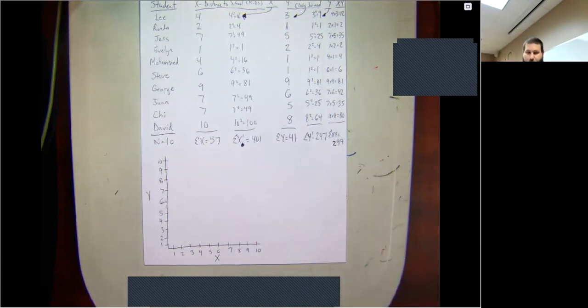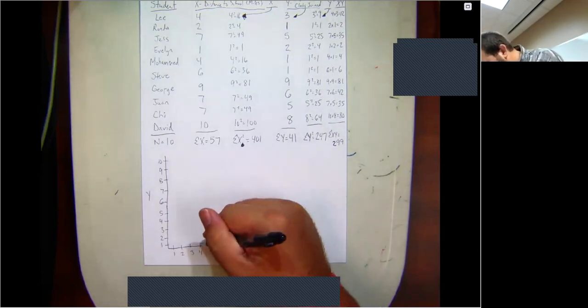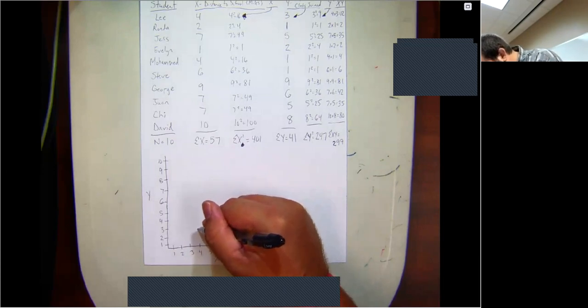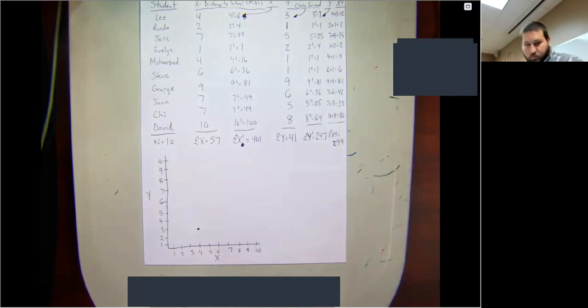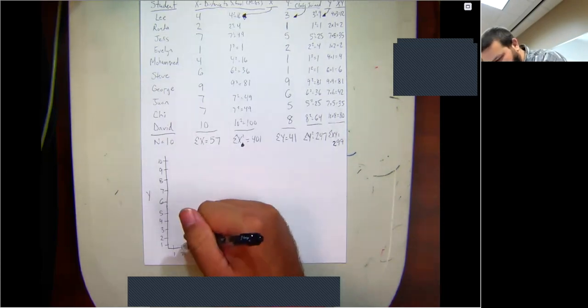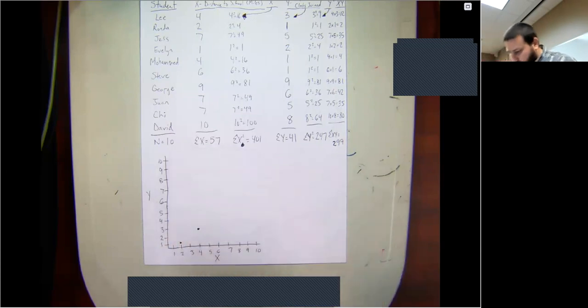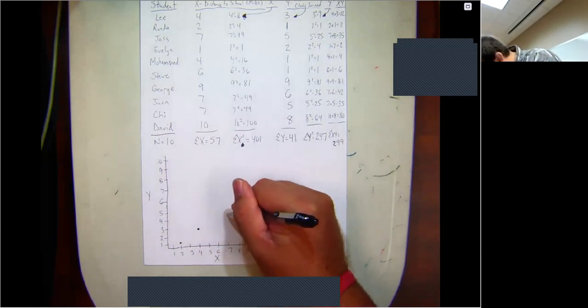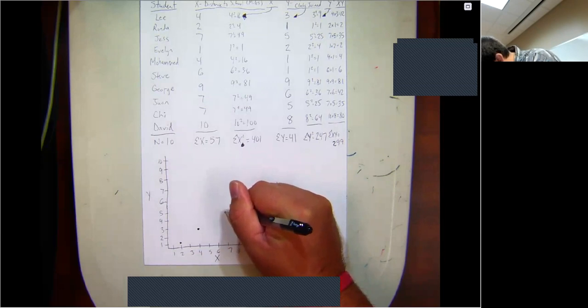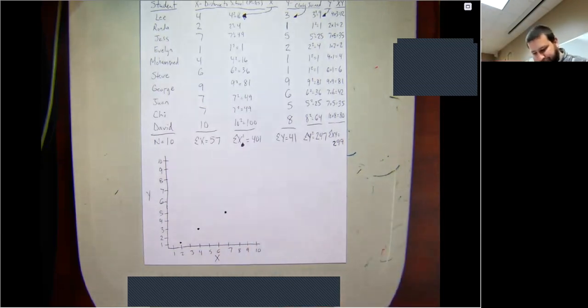Okay, so we have our axis ready, and then to plot the data, we go to their x score, we go out x and up y. So Lee is out 4, up 3. I'll do this best I can. I'm just eyeballing it. So sorry, this data may look a little off. Rhonda out 2, up 1, excuse me. Jess out 7, up 5. All right.